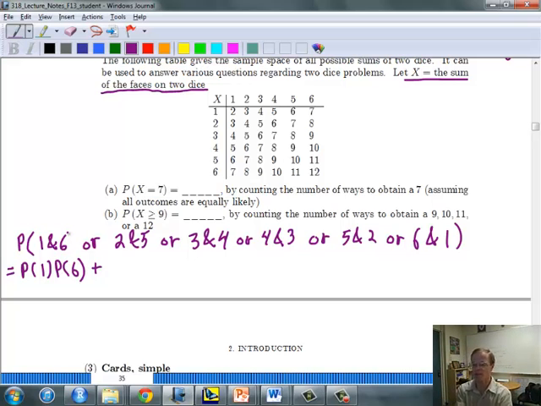Absolutely. They cannot occur together, so I can simply add them up. There's no need to subtract anything. Probability of 2 times probability of 5. And frankly, I would not want you to do so much work. That's why I'm writing this whole thing out.